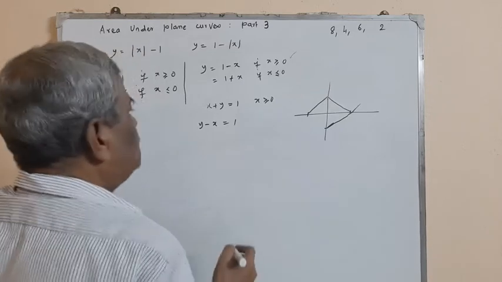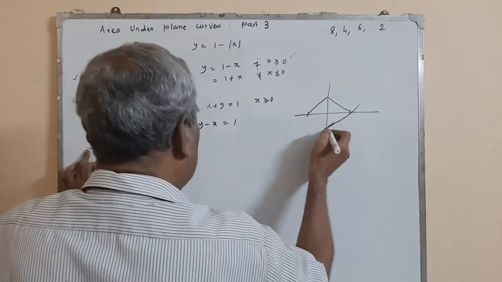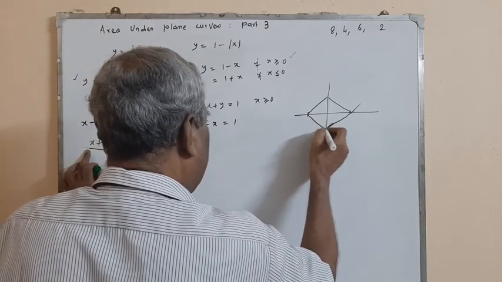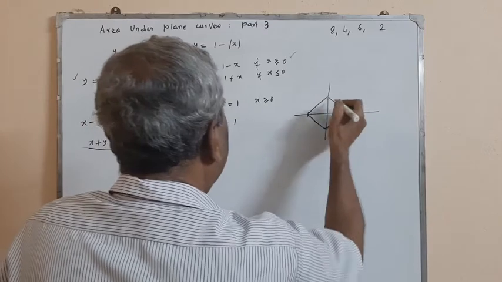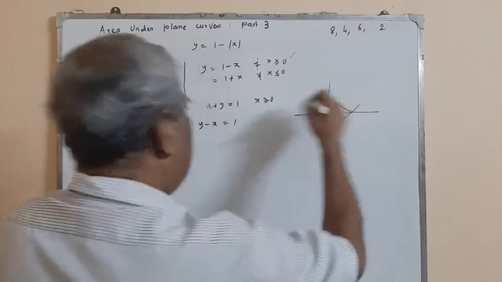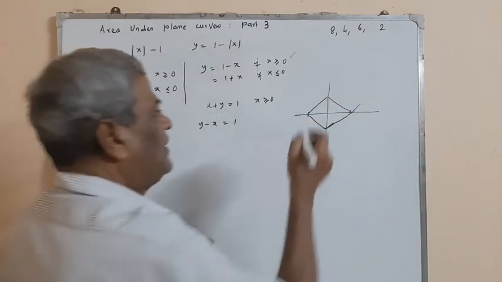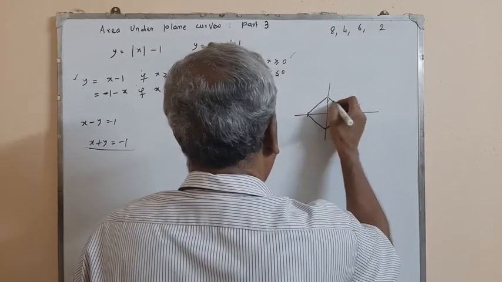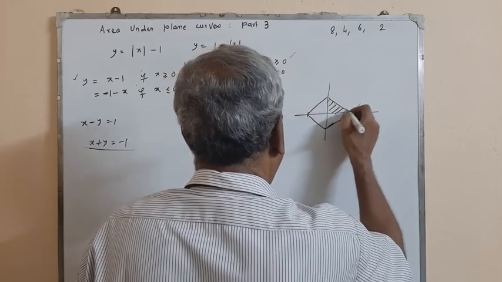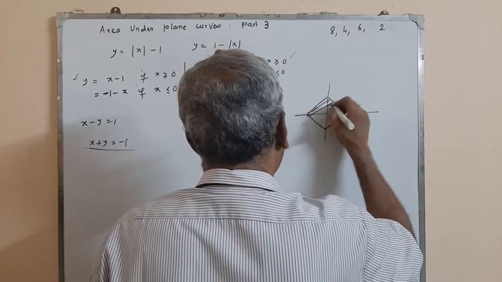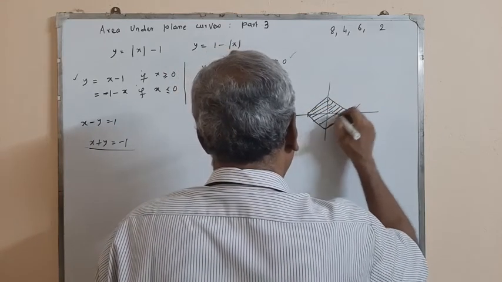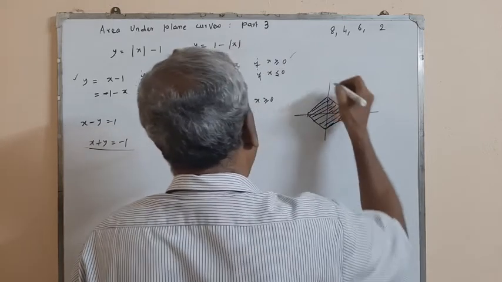So x by minus 1, y by minus 1 when x is negative. So actually this is the figure. The total region is the shaded part.